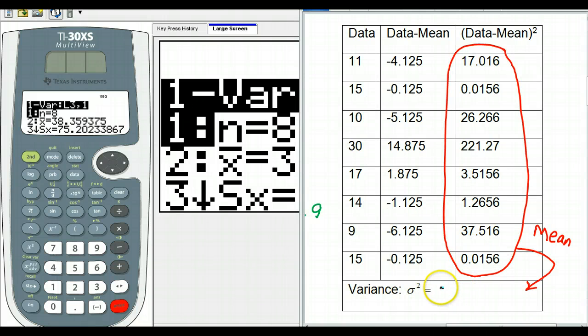Okay, so that is our 38.36. That is our variance. Now we would find our standard deviation. Now remember, the standard deviation is the square root of the variance.